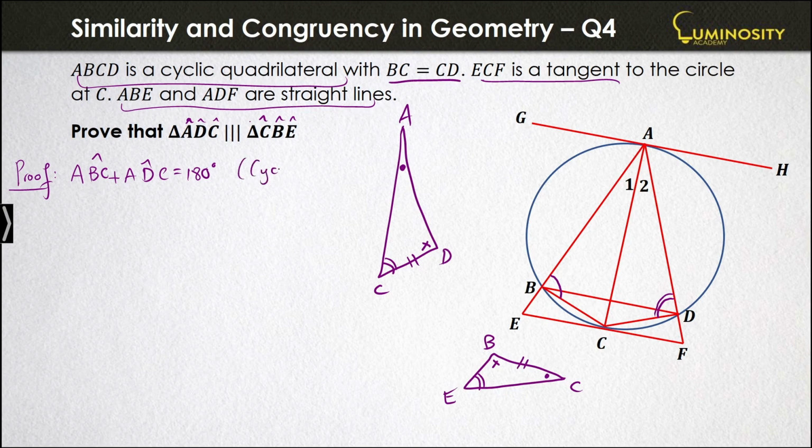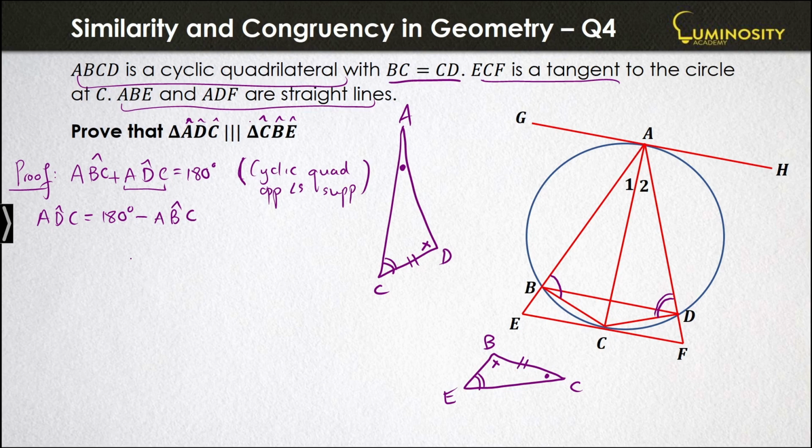So that is by cyclic quad, opposite angles are supplementary. They add up to 180 degrees. Okay, so from this, if I make angle ADC the subject of the equation, I subtract this ABC here, I get 180 degrees minus angle ABC. Okay, so that's going to be important.